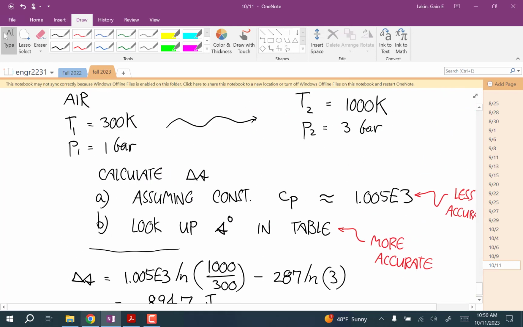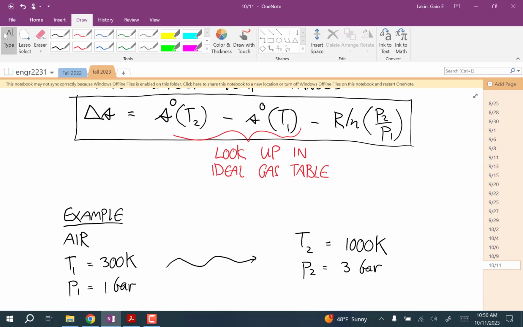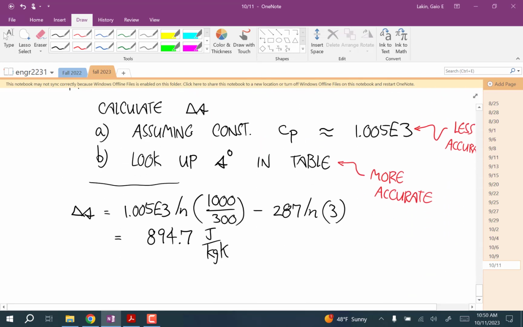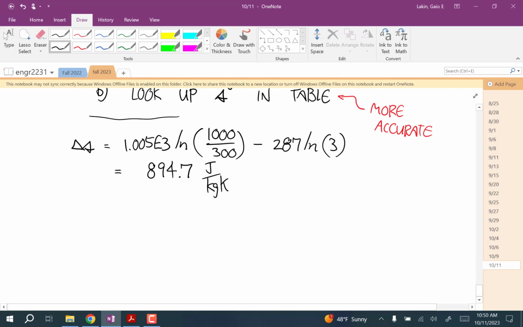Okay, so now let's do the same thing, but using the more accurate way where we look up those S zeros. This was our first approximation. So delta S is equal to S0 at temperature 2 minus S0 at temperature 1 minus R times the natural log of P2 over P1.